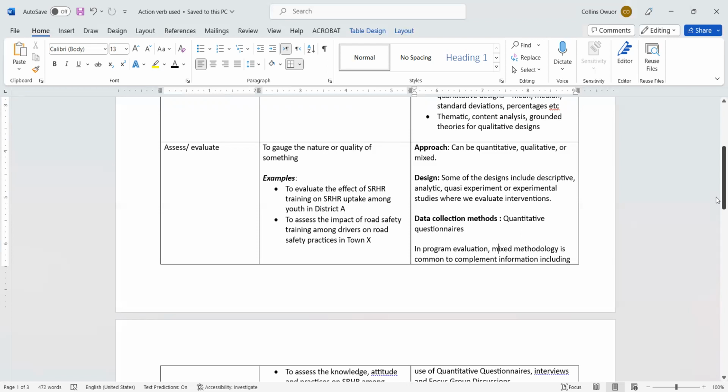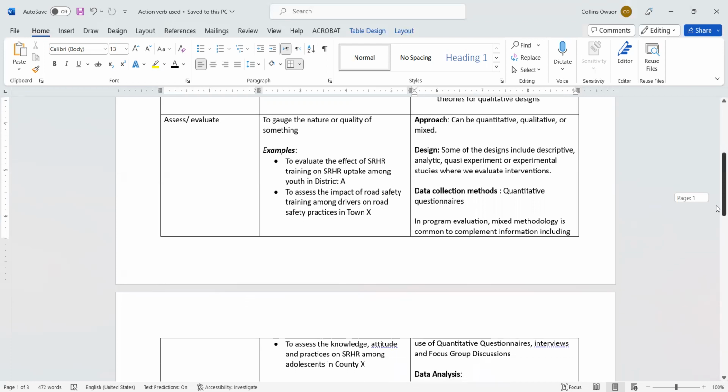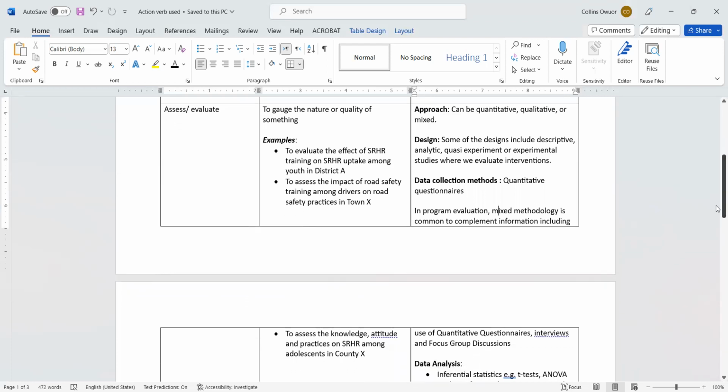I say I evaluate that training. So some examples of objectives that could show evaluation or assessment are, for instance, to evaluate the effect of sexual and reproductive health rights training on sexual and reproductive health rights uptake among youth in District A. That is gauging the quality of that training.